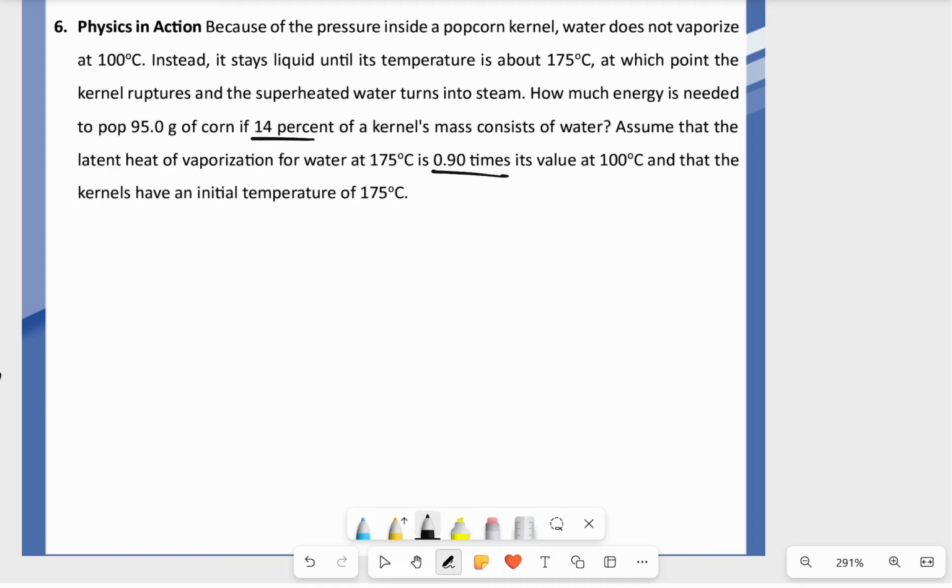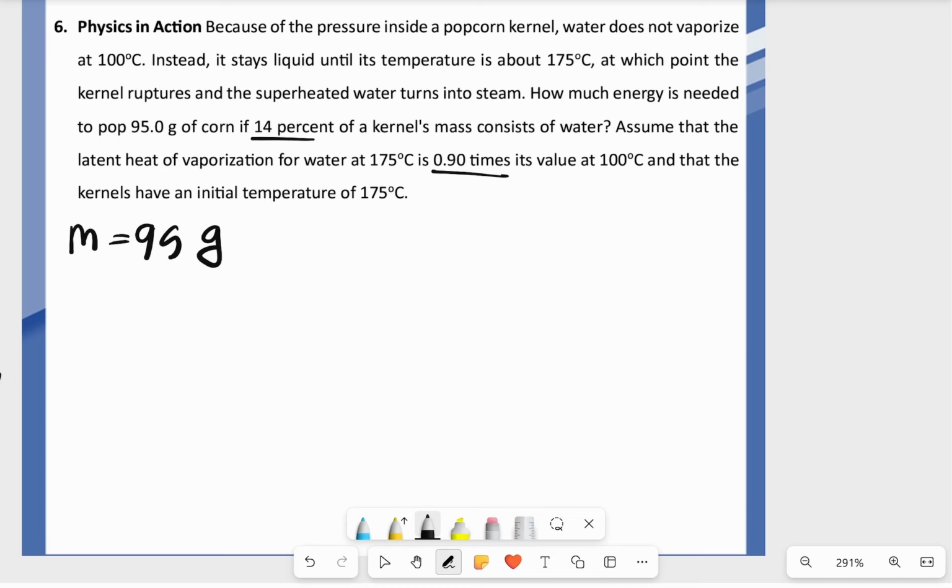First of all, we have the mass of the corn, which is equal to 95 grams. The percentage of the corn that is water is 14%. Divide 14% by 100 and you get 0.14.